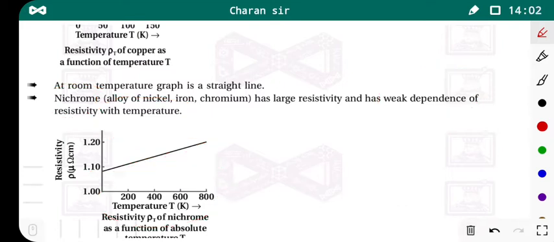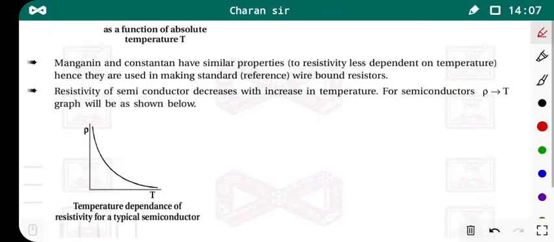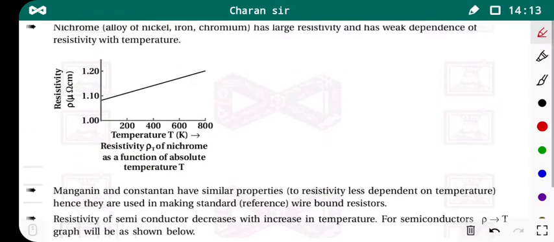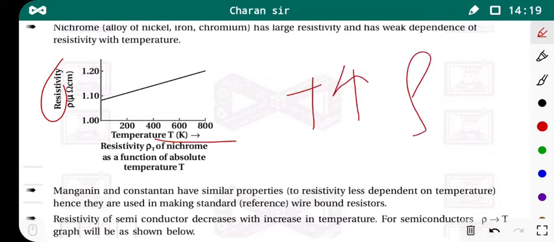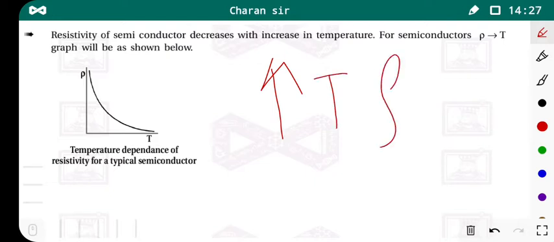Now for the semiconductors, you noticed that in the previous case, when we discussed alloys and metals, the resistivity increased with temperature. When your temperature is increased, your resistivity is also increased. But now we have the case in which, for increasing temperature, the resistivity is decreasing.